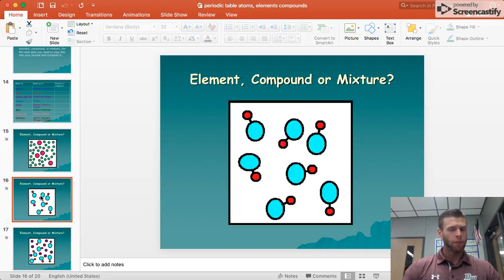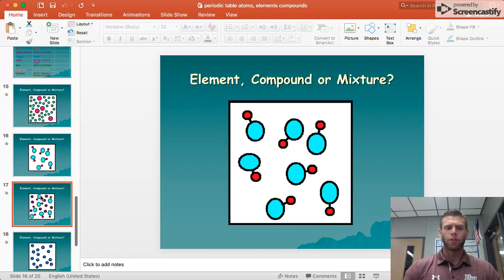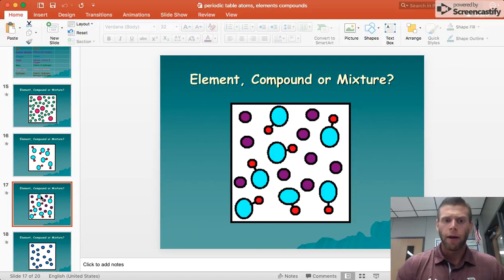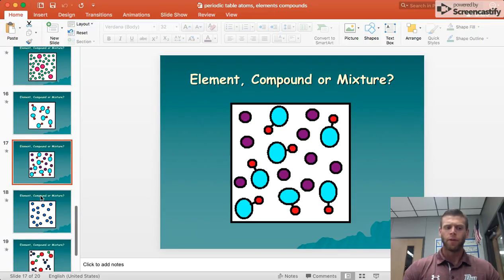The next picture, I have teal dots bonded to red dots. What would that be there? Element, compound, or mixture? Here I have purple dots that are not bonded, along with teal bonded to red. So what would that be?